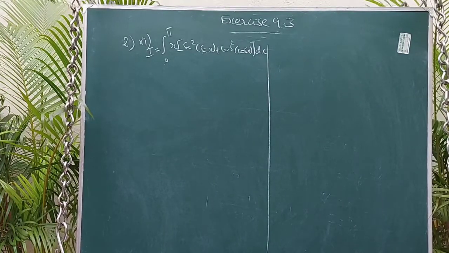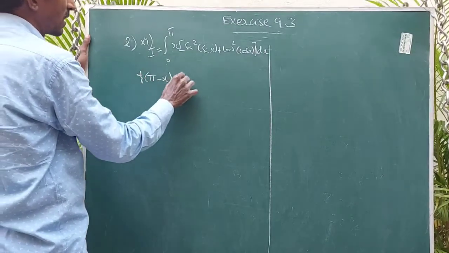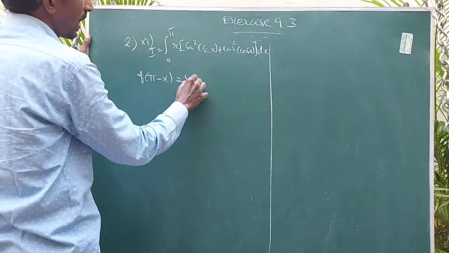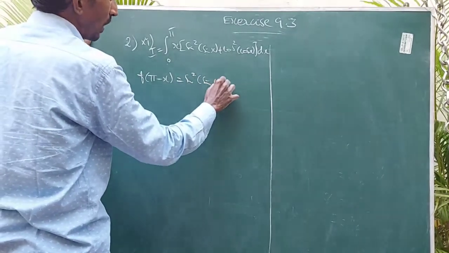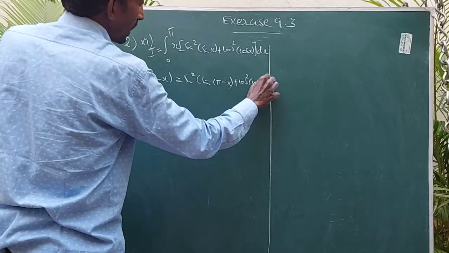Integral 0 to a of x into f of x dx can be rewritten as a by 2 integral 0 to a of f of x dx, if f of a minus x equals f of x. So here f of a minus x, that means f of pi minus x. So sin square of sin of pi minus x plus cos square of cos of pi minus x.